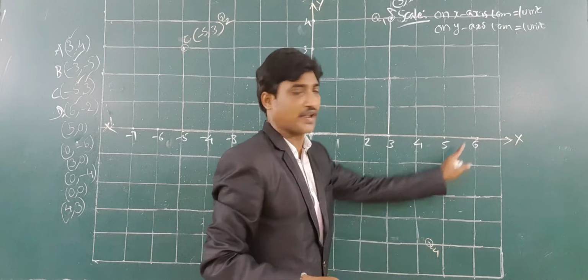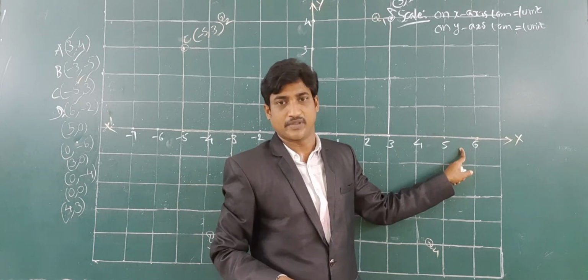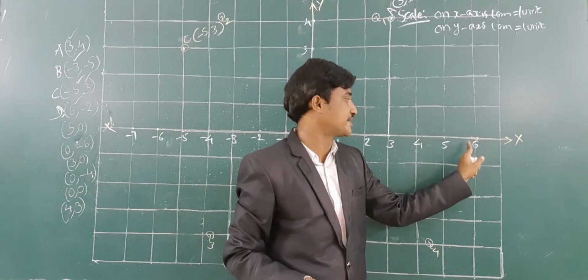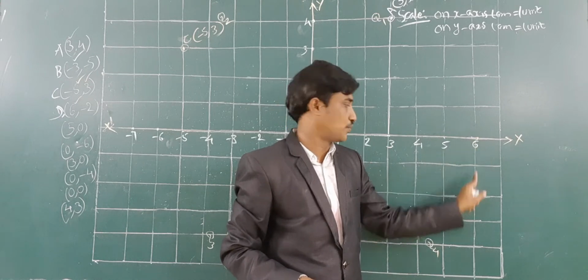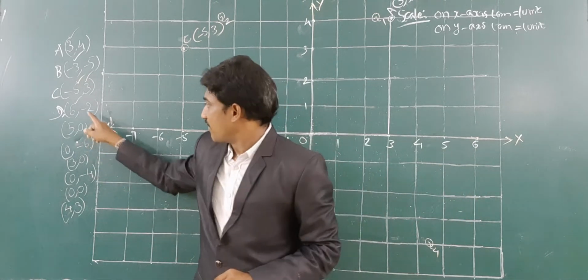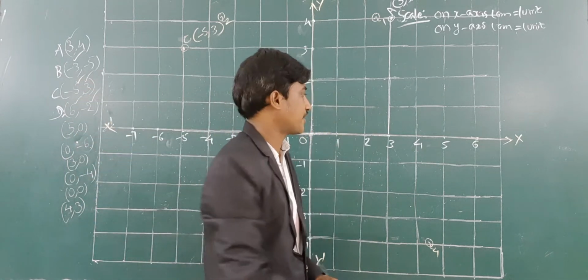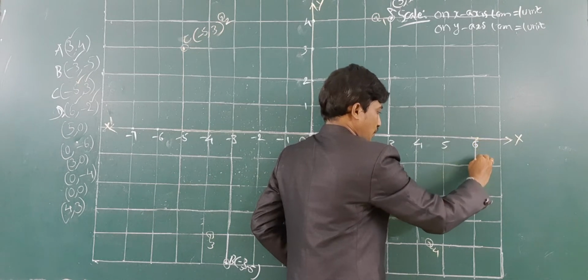Then for the y coordinate, we need to move vertically. If the y coordinate is positive, move upward. If the y coordinate is negative, move downward. Here the y coordinate of D is -2, a negative number. So from 6, move downward 2 units.